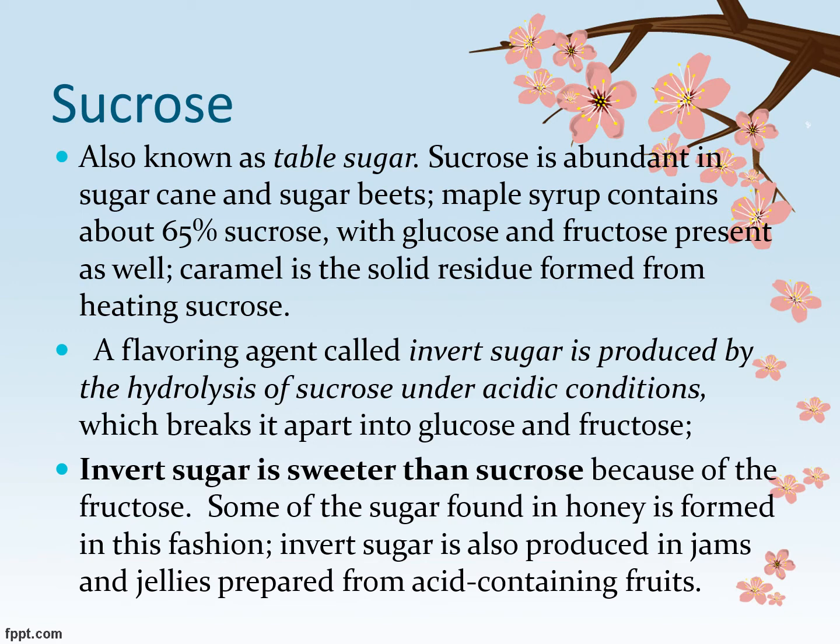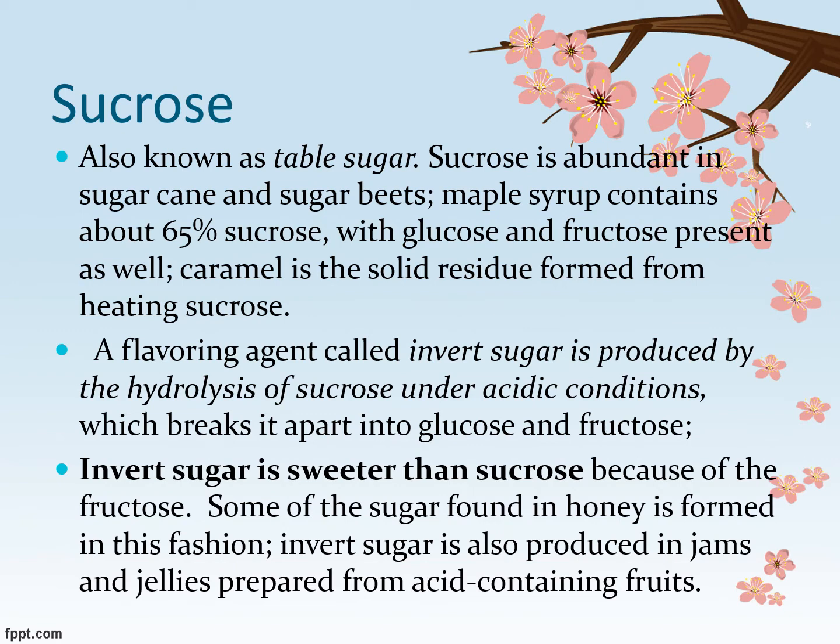Another flavoring agent called invert sugar is produced by hydrolysis of sucrose under acidic condition. It has to be under acidic condition so that it will form the monomers of the disaccharide, which is glucose and fructose.